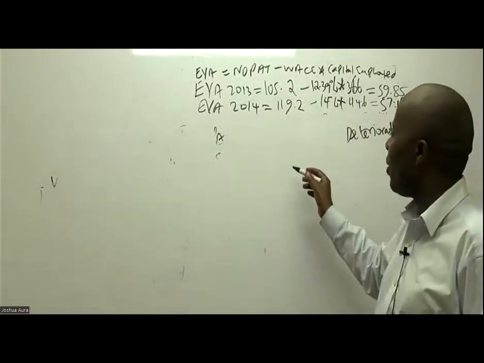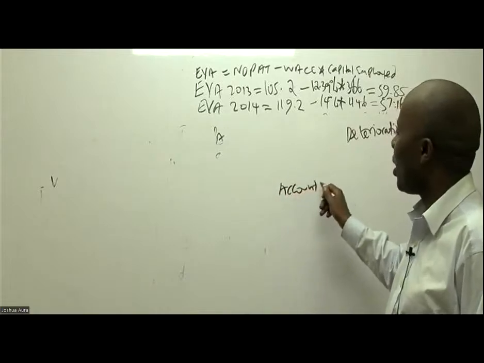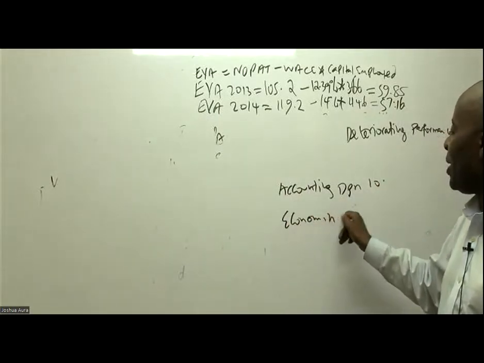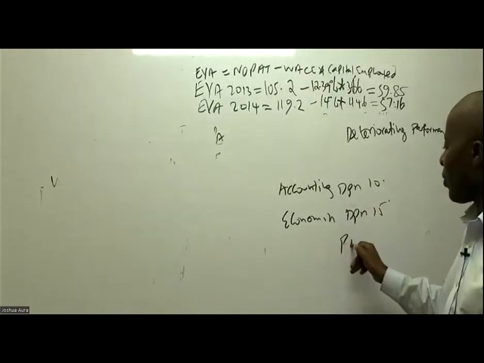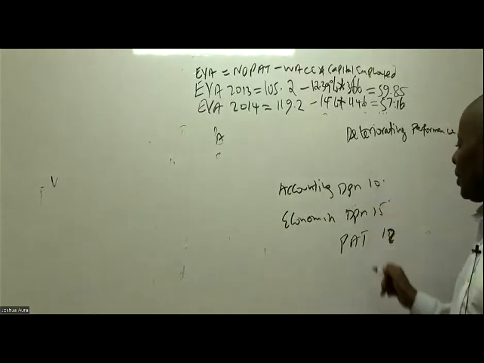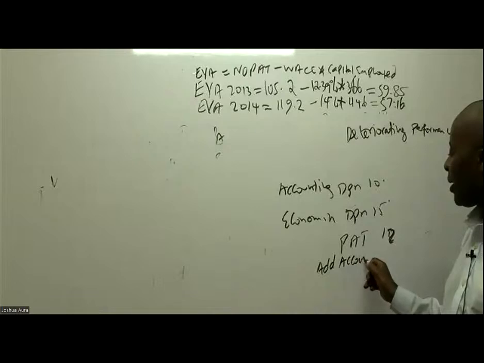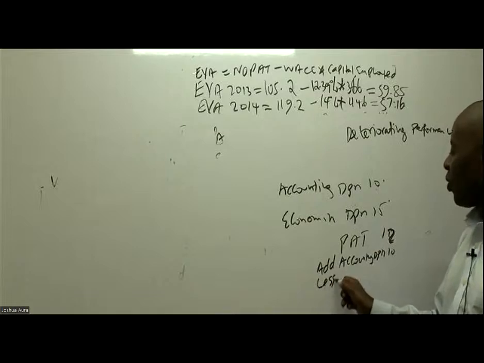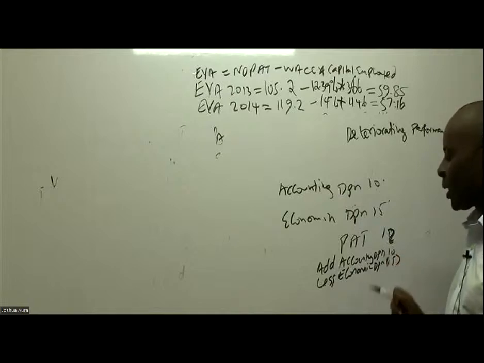There is somebody who was asking about economic depreciation. If, for example, they told us that accounting or book depreciation is 10, and economic depreciation is 15, then what I would have done is come here and add back accounting depreciation, because it's the bad one, 10, and then less economic depreciation, 15, if they're different.